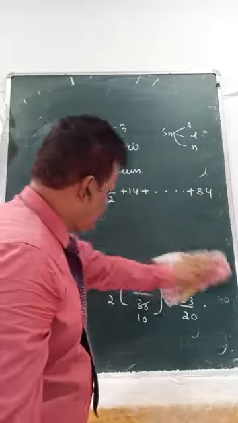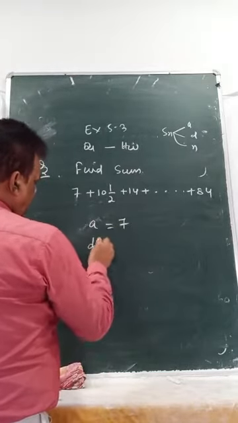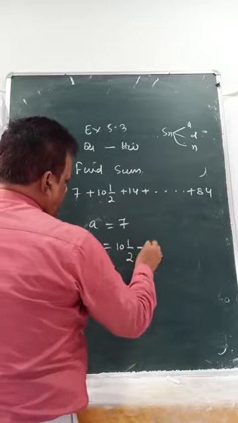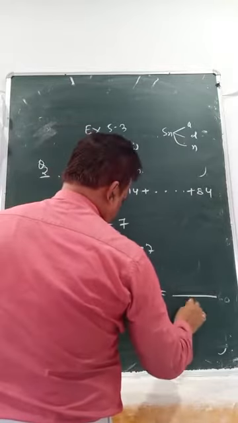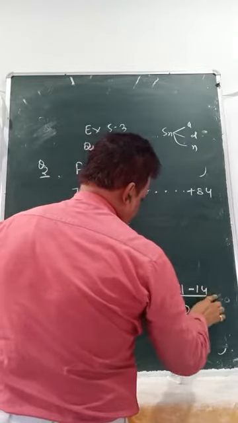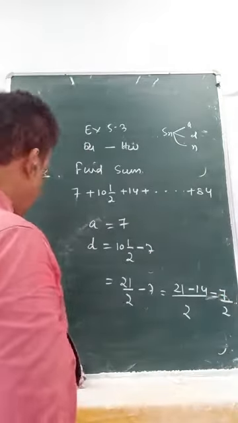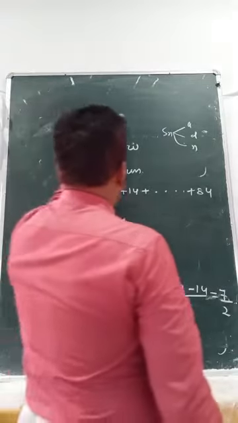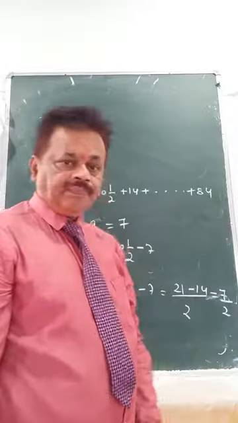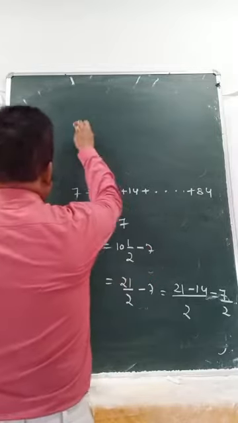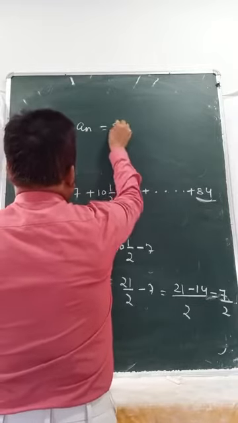Okay, so look here. a equals 7, d equals 10 and a half minus 7, 21 by 2 minus 7, 21 minus 14 by 2, that is 7 by 2. Now how to find n? The last term, an, equals 84.